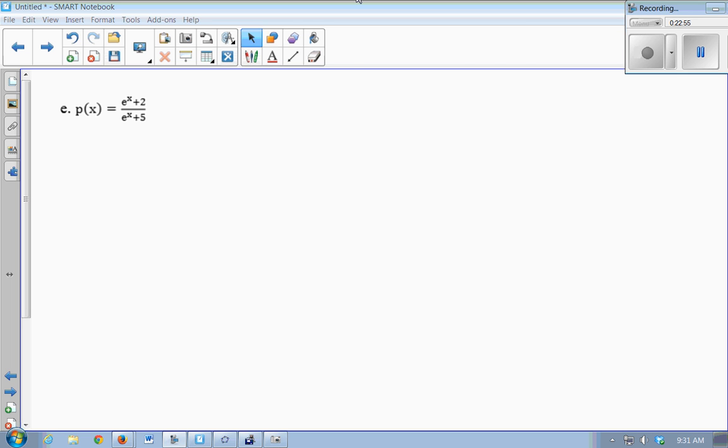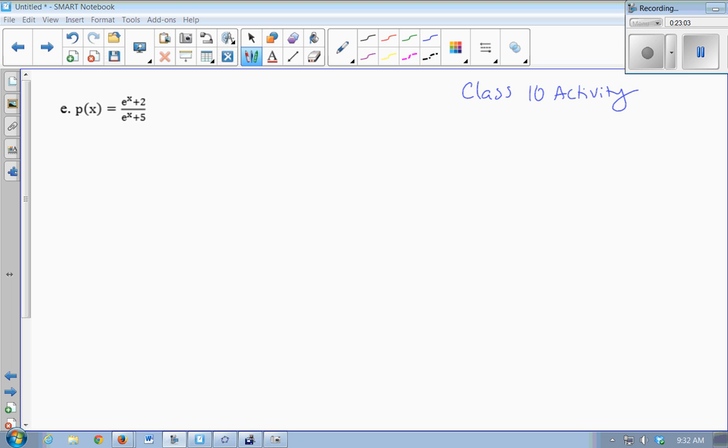Okay, we'll start here. This is from the class 10 activity. All right, we're supposed to find the inverse of this function, p inverse of x. So start by replacing p of x with y. Change all the y's to x's and all the x's to y's.